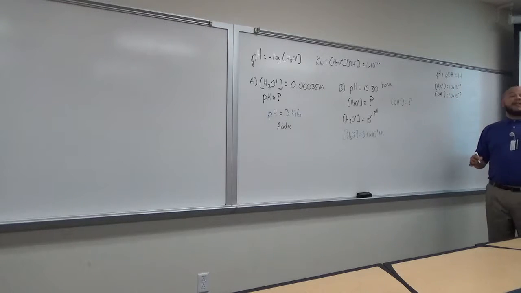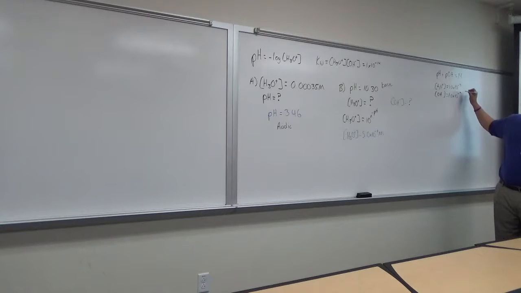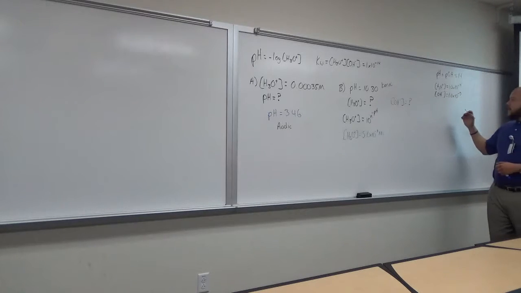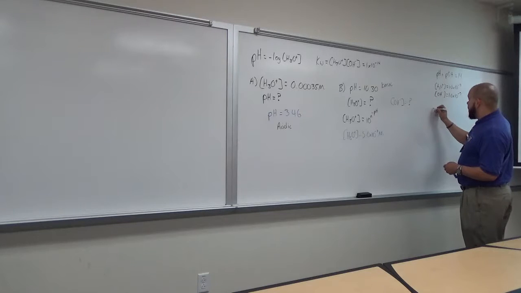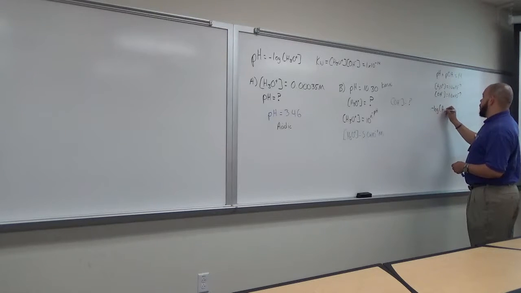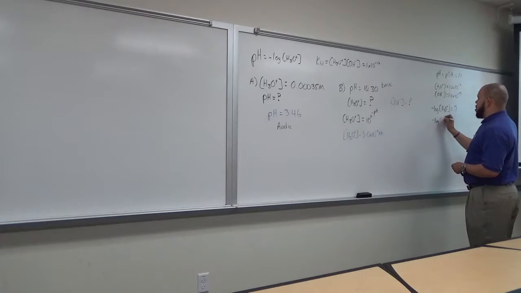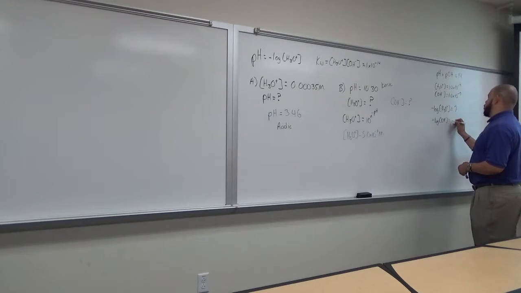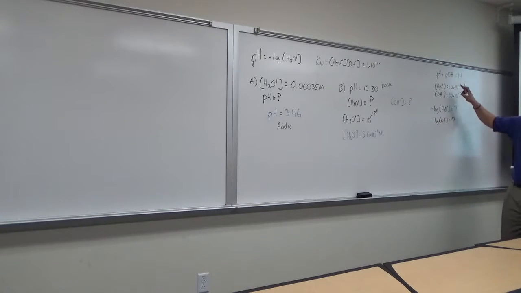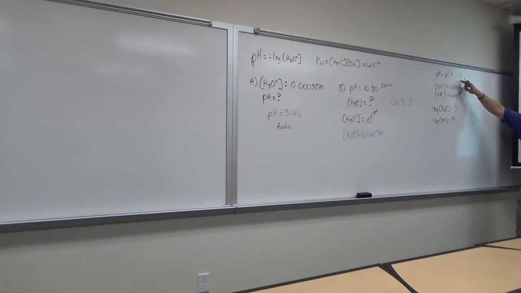If anybody is math savvy enough to know what the log function actually does, negative log, the log function just pulls this exponent down into the front, right? And since this is a 1, the negative log of H3O plus, that's neutral, is equal to positive 7, and the negative log of the OH in a neutral solution is positive 7, and that's where this comes from. But you don't have to go through all this derivation, you just got to remember this.